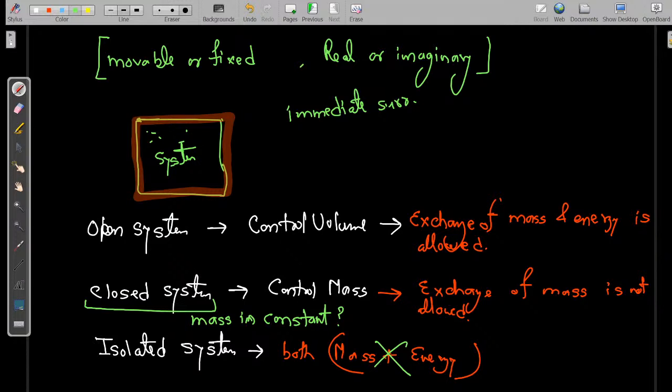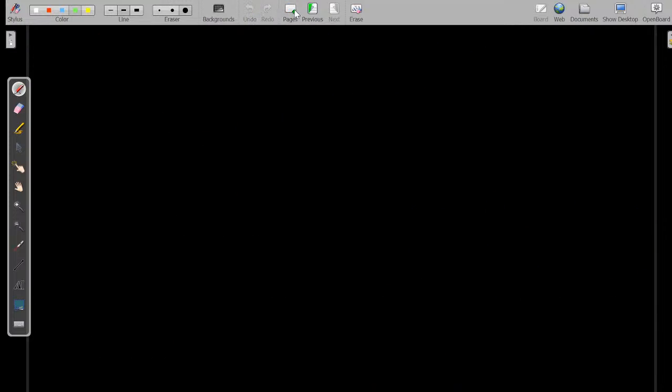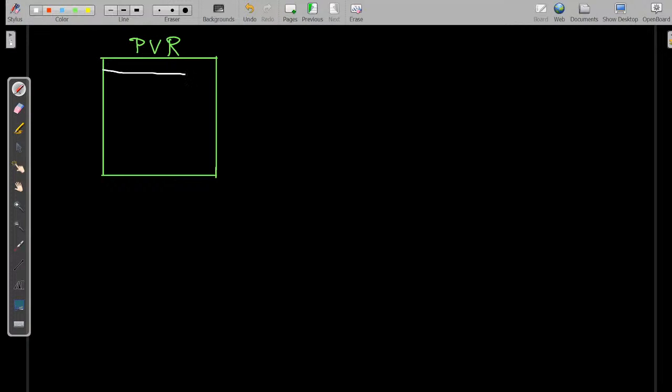Okay, let me give an example. Let us say this is a PVR. This side is the screen side.